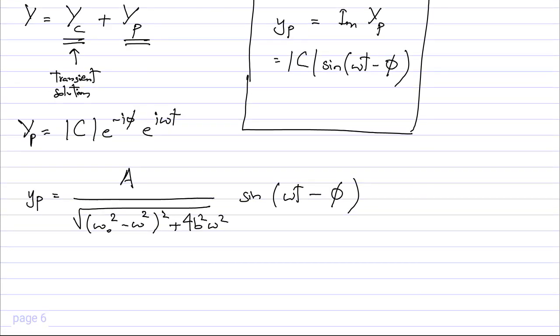That's the solution of it. If you want a complete solution to the y, you just add to this the complementary function which we found last time. But if you're interested in the long time behavior, then you don't even need to do that, because you know that the complementary solution will go to 0 at long times, effectively 0. You can see from this solution, yp. So yp first of all is also called the steady state solution.